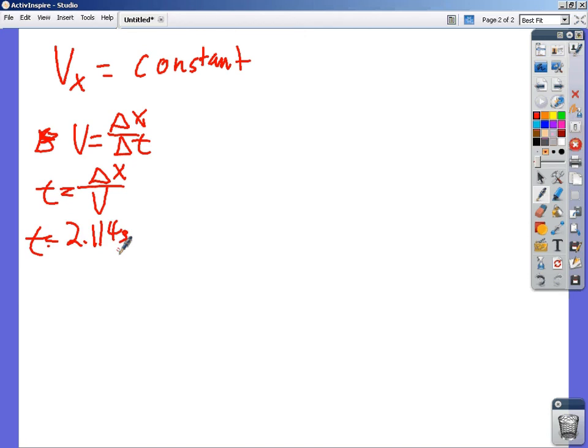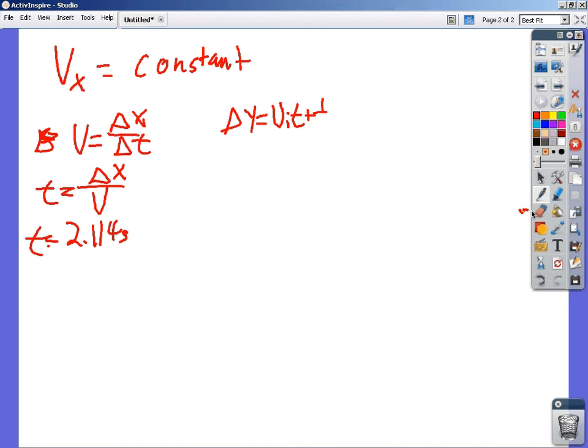So then you can go over to your change in y formula. Actually, it's even easier than that. You don't even have to do change in y.